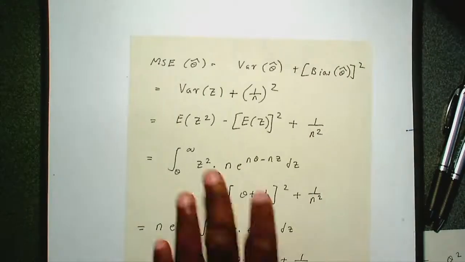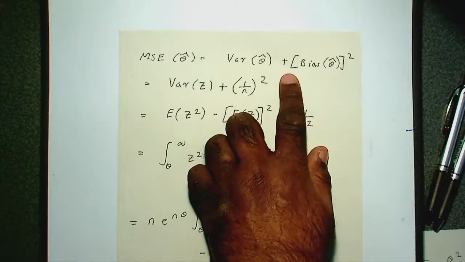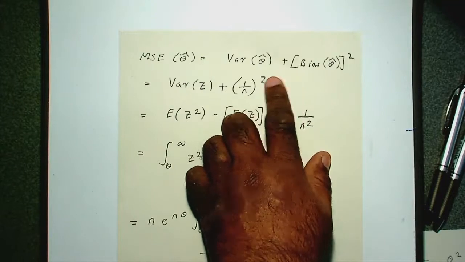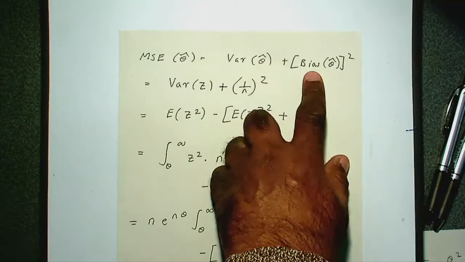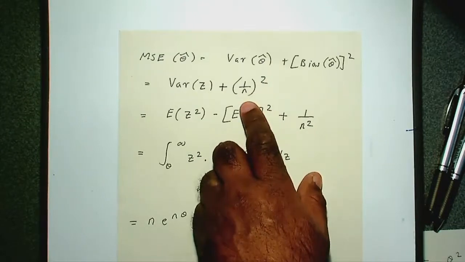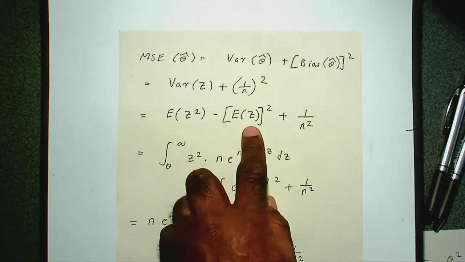The second part of example 2 was to find the MSE. Using one of the properties I proved last week, you can write the MSE as this plus this. And this we already know, which is 1 over n. And the variance you can write like this. You know this from probability 1.